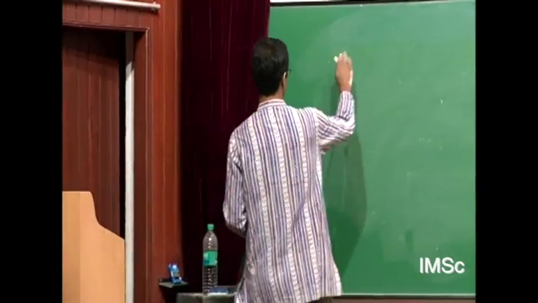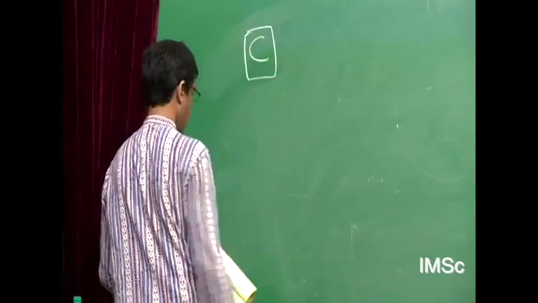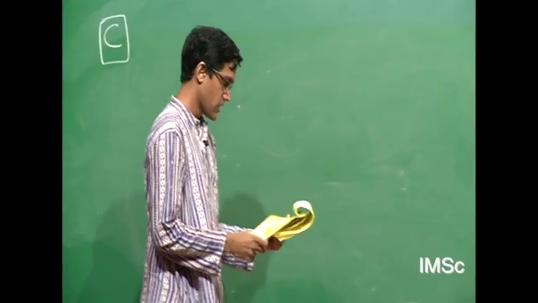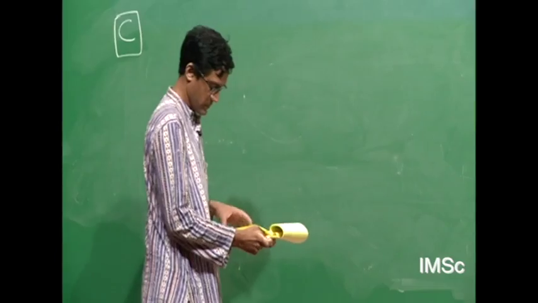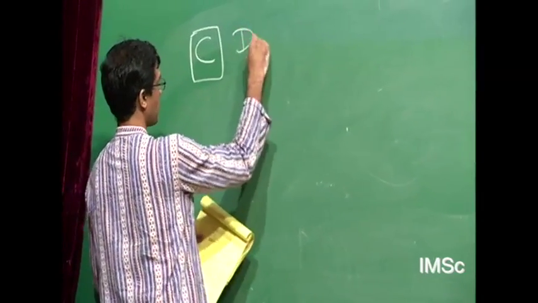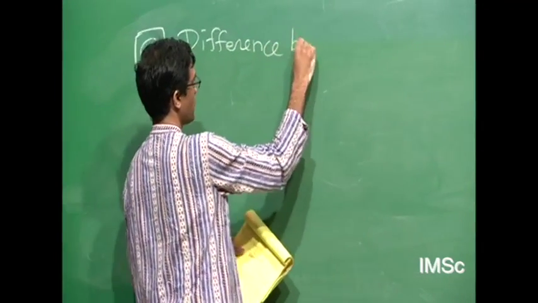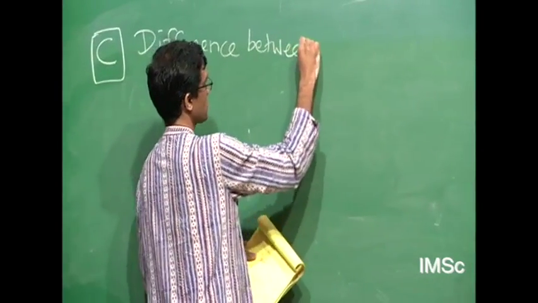Okay, so I'm going to define partitions of 2 more types. So I'll call them types C and D now. So again, I will first say what they are, sort of in words, and then we'll convert it into diagrams. So here's the condition: difference between consecutive parts.